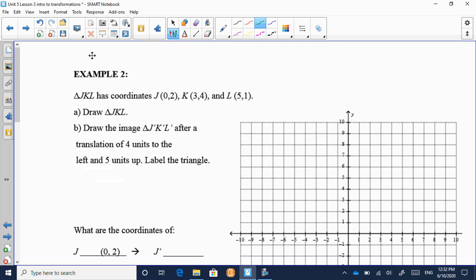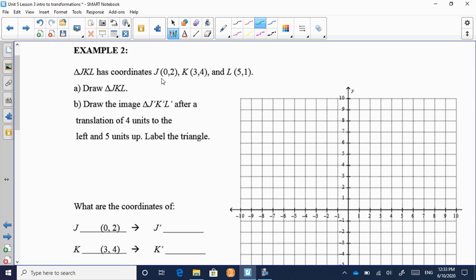Okay, example 2. Triangle JKL has the following coordinates. So let's draw it. Okay, so here we go. So I'm going to pick a different color. J is 0 in the x, 2. So there's J. K is 3 and then 4.